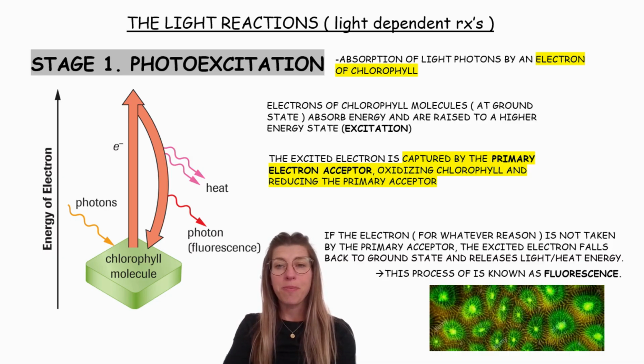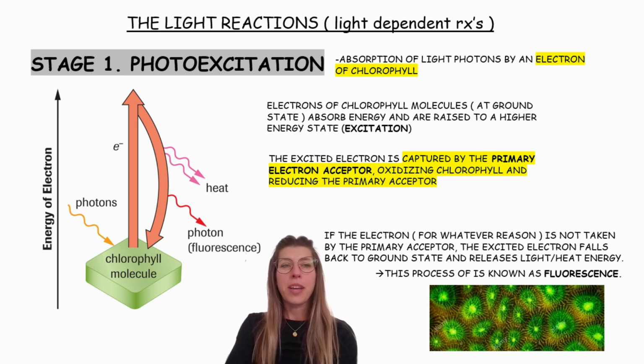And we say that they're excited. There's excitation. These excited electrons are captured by the primary electron acceptor, which oxidizes chlorophyll and reduces the primary acceptor. Okay, so that electron moves and is captured by that primary acceptor.